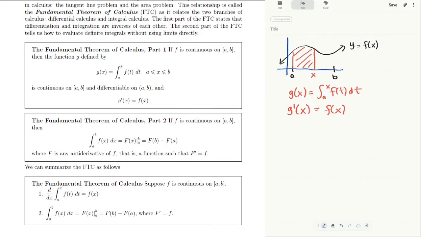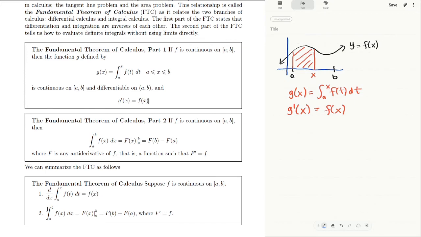So we can summarize the fundamental theorem as follows. The first part states that the derivative of the integral from a to x of f of t dt is equal to f of x. So the operations of differentiation and integration are inverses. You can think of these operations as canceling each other, leaving us with f of x.